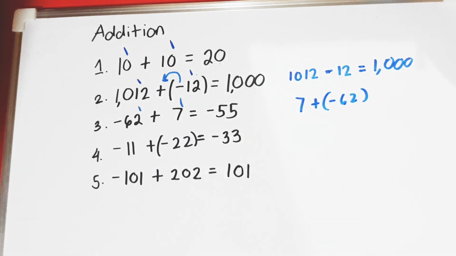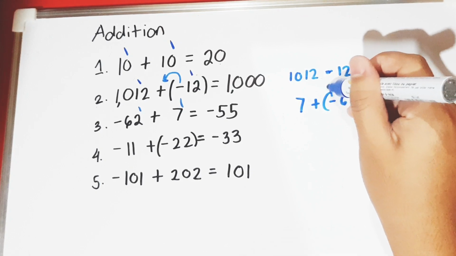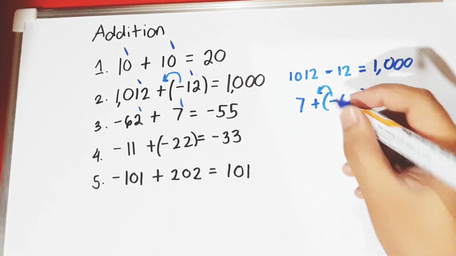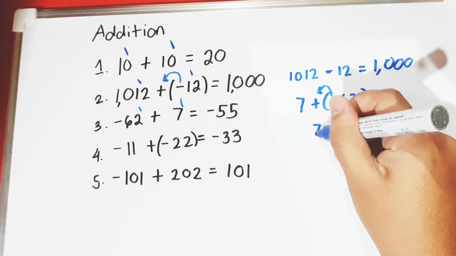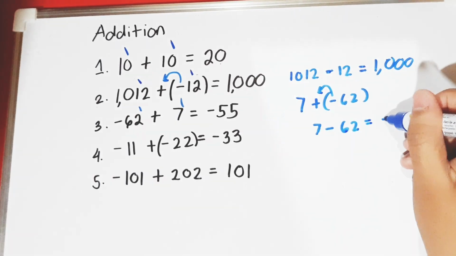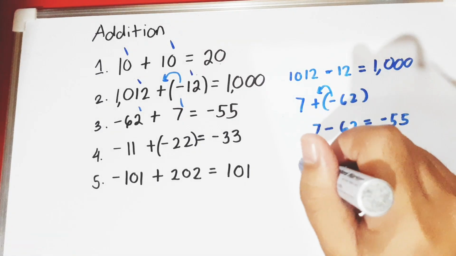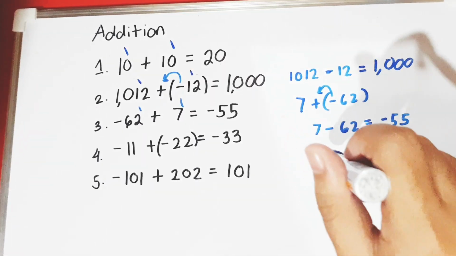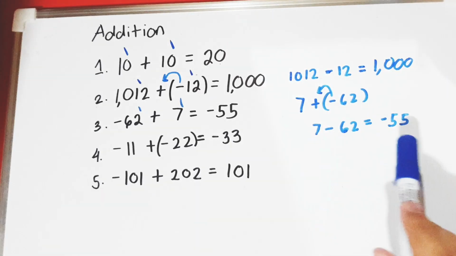As I have discussed, looking only at the signs, negative times positive turns into a negative. So it becomes 7 minus 62. The result will be negative 55, since you are subtracting 62 from the smaller number.